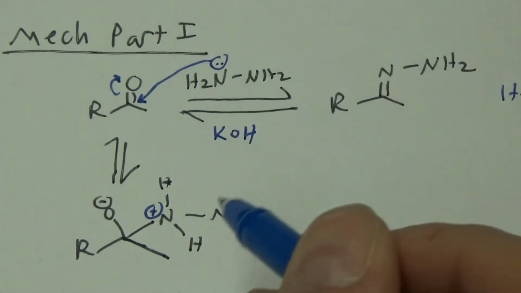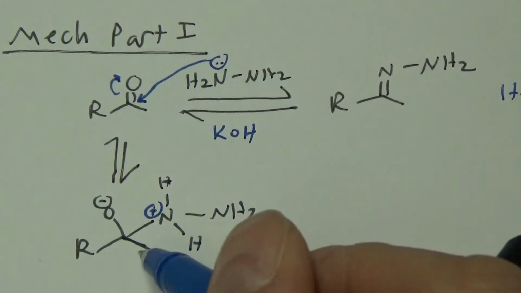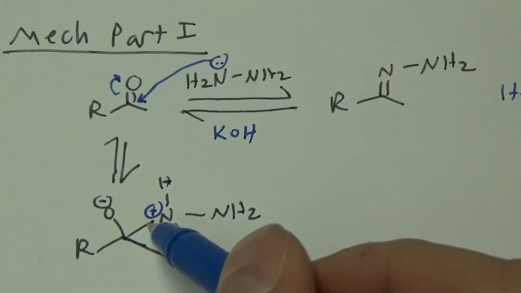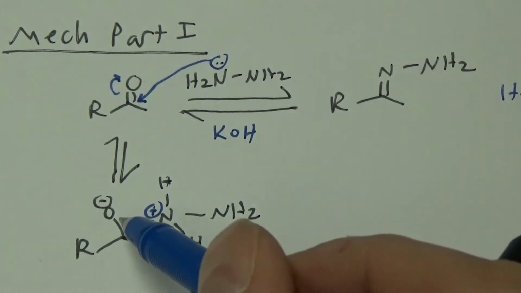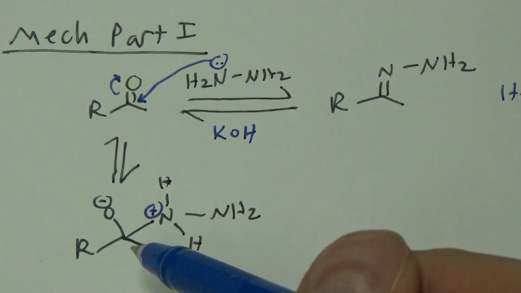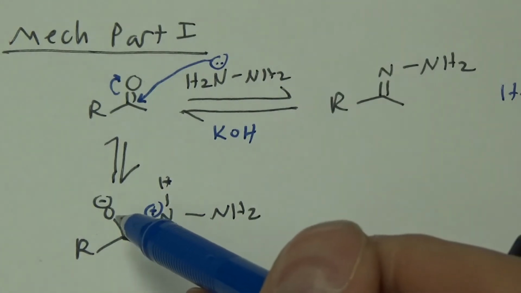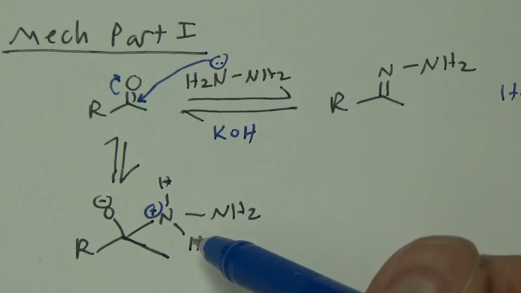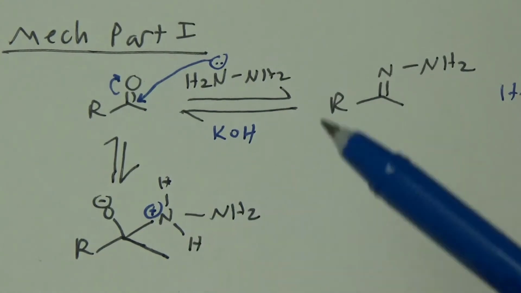Okay, now we can proton transfer, because it makes sense to proton transfer: O minus wants a proton. It's going to be kicked off later, so it's got to be made into a leaving group. Nitrogen has an extra proton, so it's really easy to PT right now.